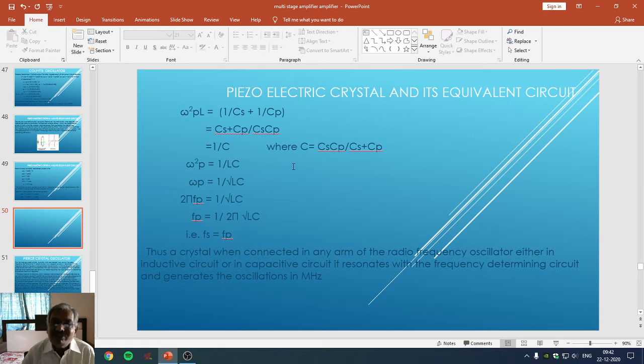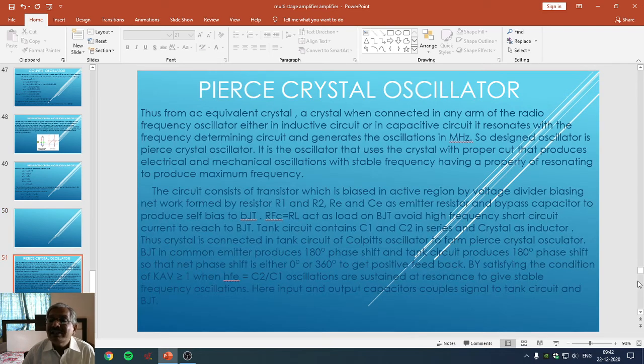But when we use this crystal in either a Hartley oscillator or a Colpitts oscillator, we get the resulting circuitry as a Pierce crystal oscillator. Let us proceed further to discuss the Pierce crystal oscillator.